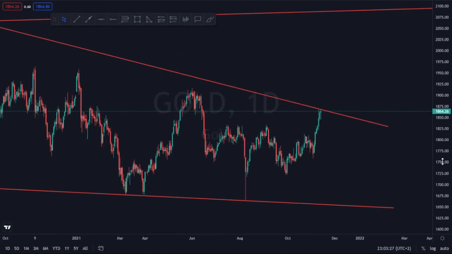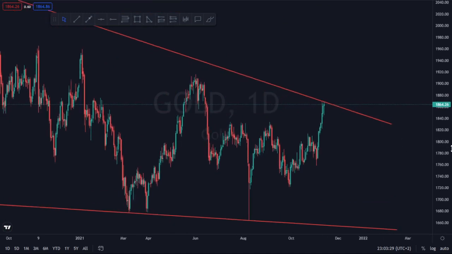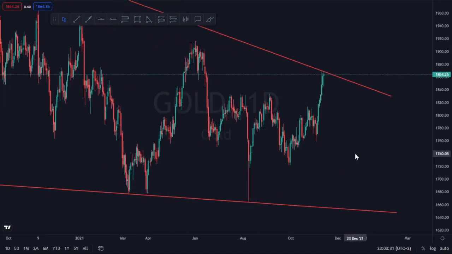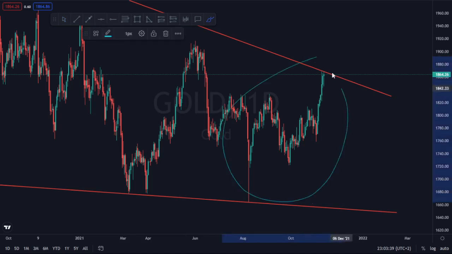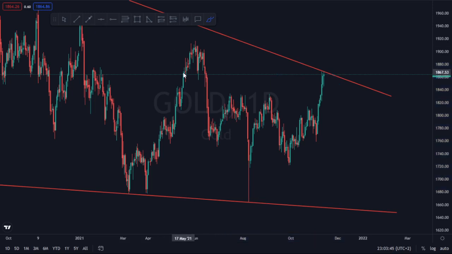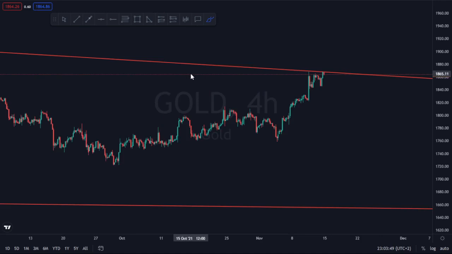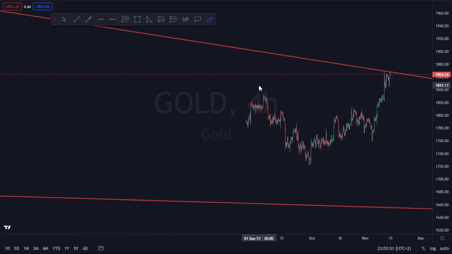So now that we have our outer pattern done, let's focus on what's happening right here. Let me move down to the H4 time frame and see what is happening.